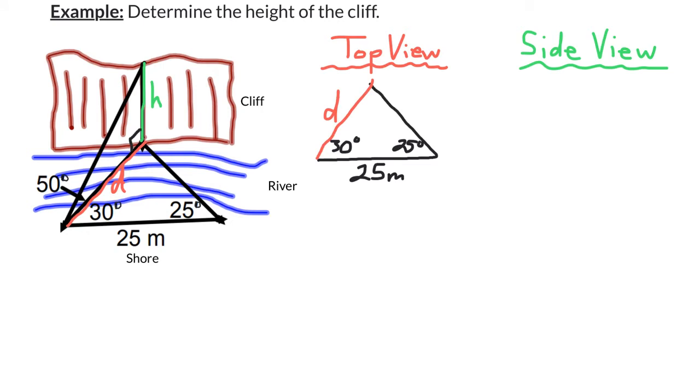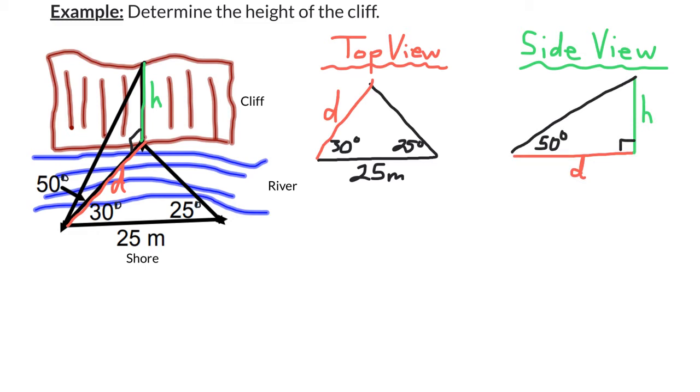My side view is going to be if I was standing in the river looking at this triangle with the base along the river and the height along the cliff. So there's my side view triangle.